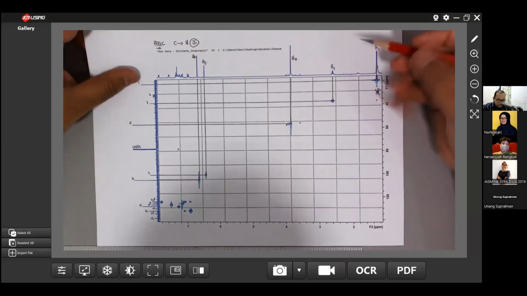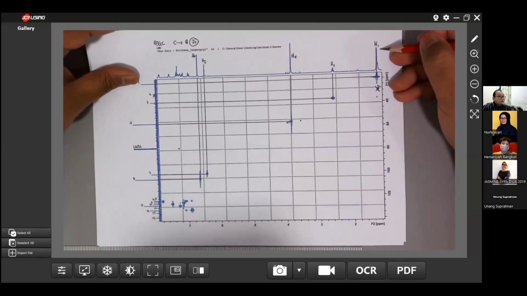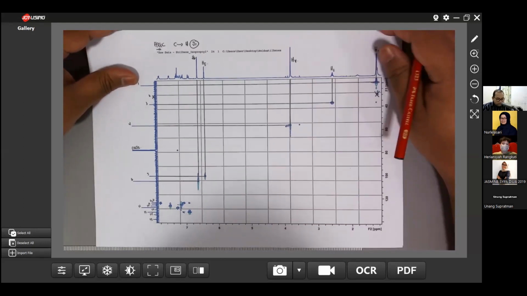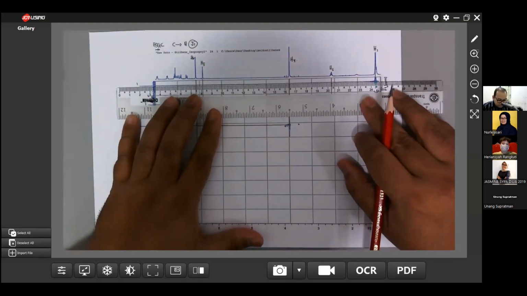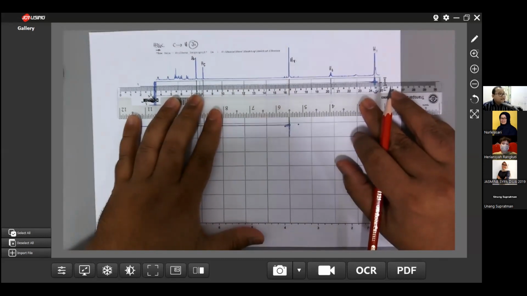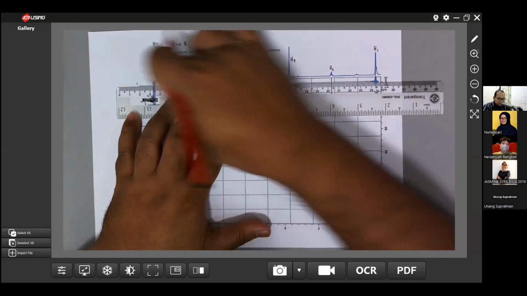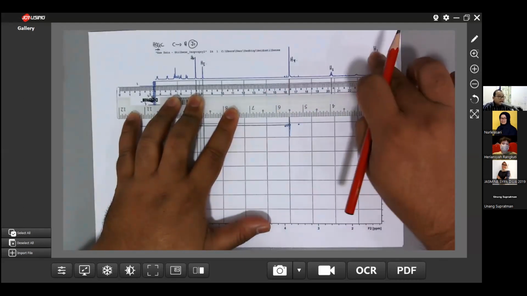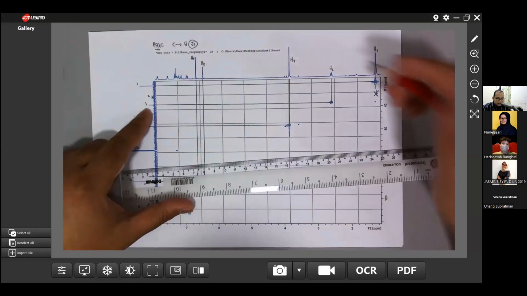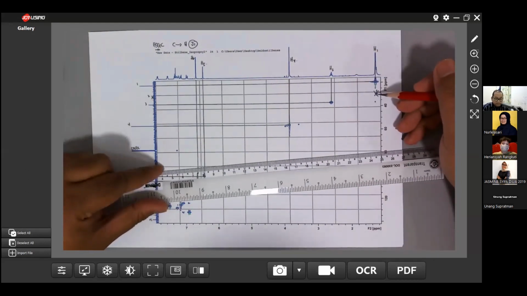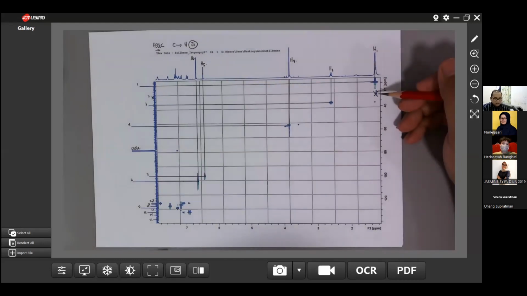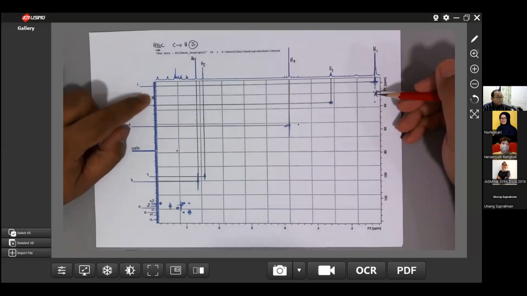For example, this one is proton number 1. You can do it by yourself: simply put the ruler like here, then draw straight lines going up. This is carbon number 3. As I said, for carbon number 2, I think there are impurities or solvent, so we eliminate carbon number 2.